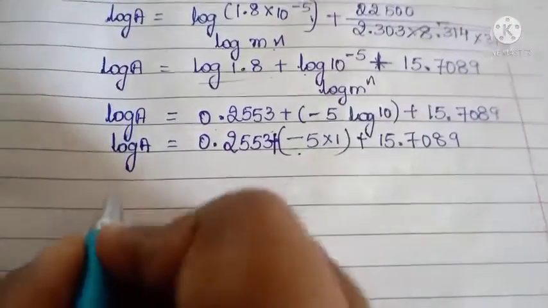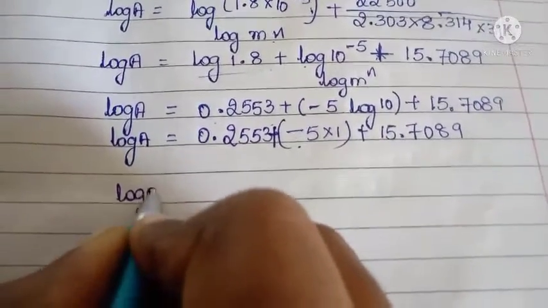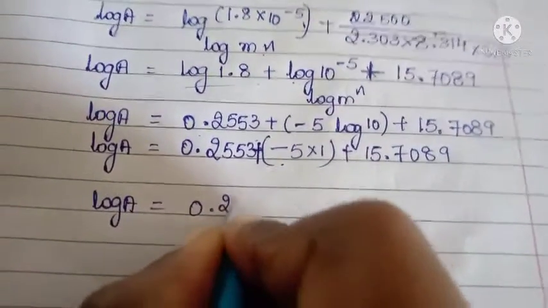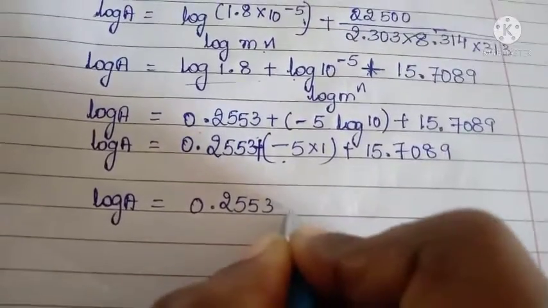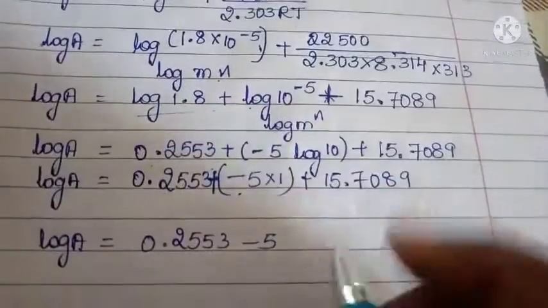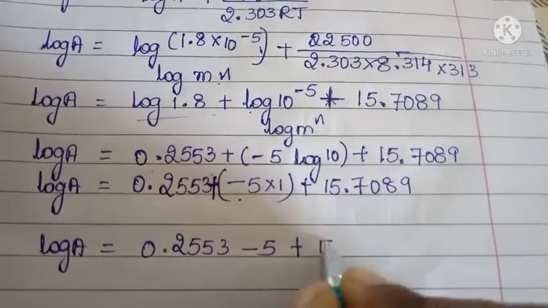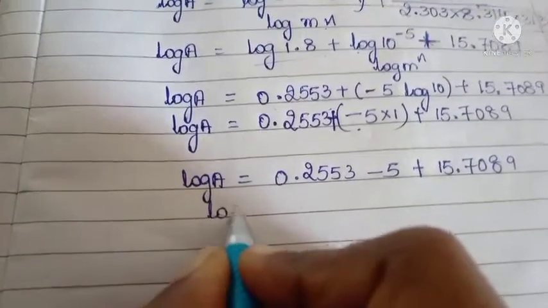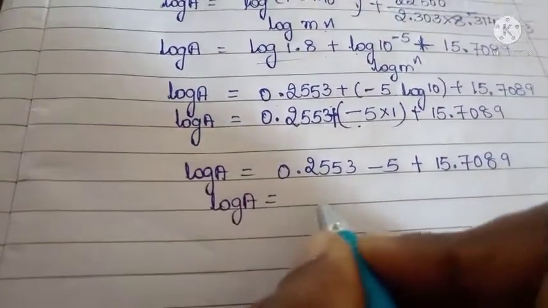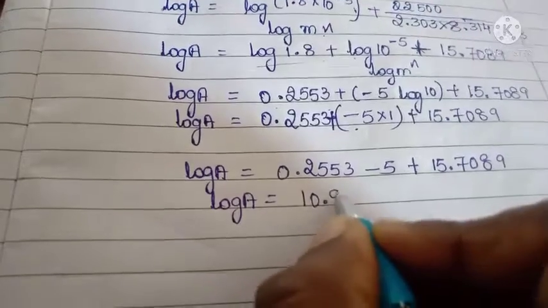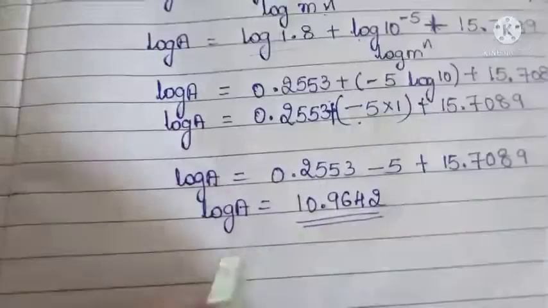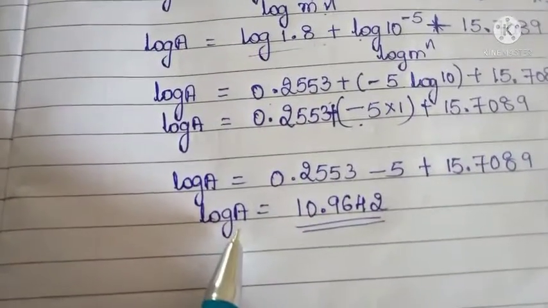So log A is equal to 0.2553 minus 5 plus 15.7089. So the final value is log A is equal to 10.9642.